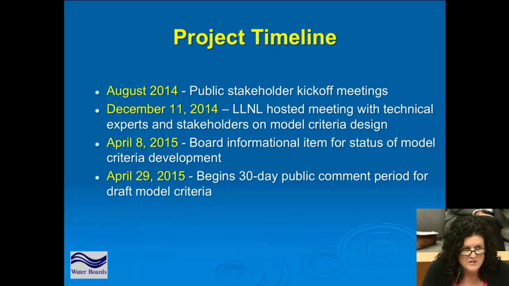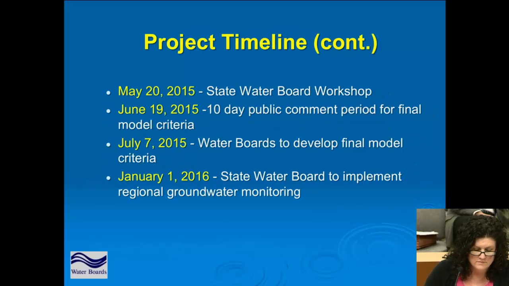So we have our information item today, and then starting April 29th, we will be releasing our draft model criteria for a 30-day public comment period. Next May, the State Water Board will host a workshop on the 20th to present the draft model criteria, receive board member feedback, and hear once again from the public and stakeholders.